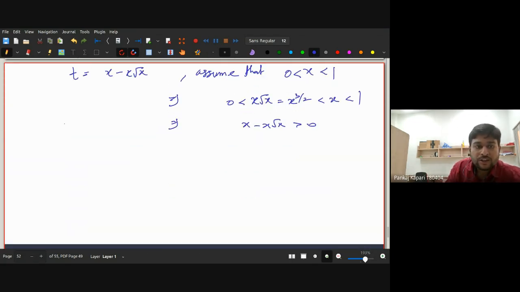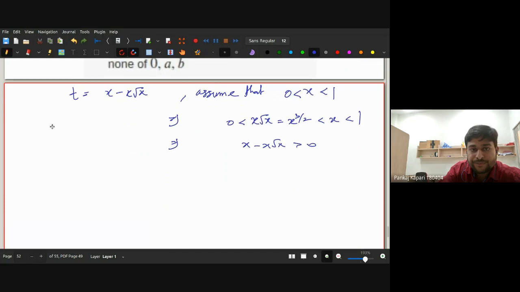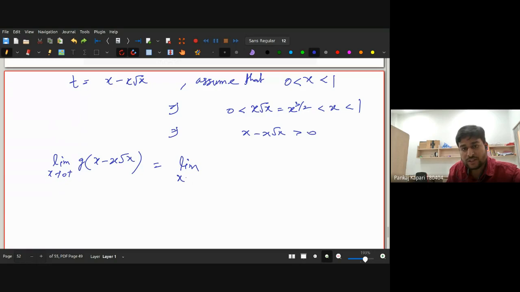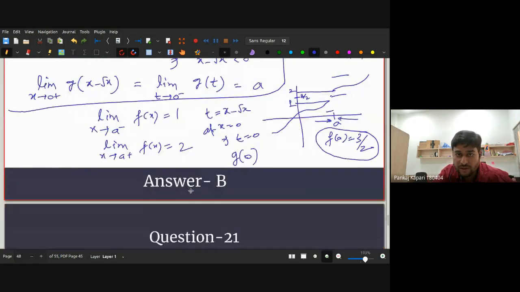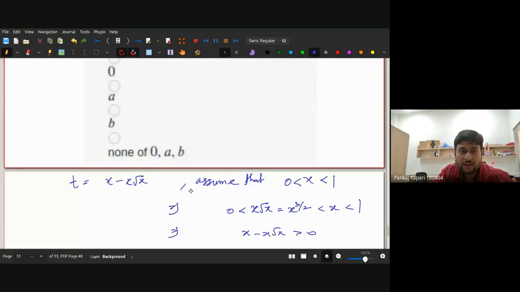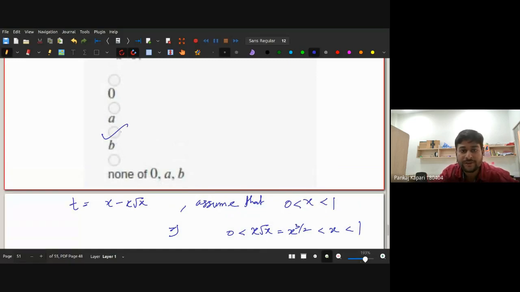Therefore the limit as x goes to 0 from the right hand side of g of x minus x root x is the same as the limit, now we are changing the variable, as t goes to 0 from the right of g of t, which is again b, right? Yes, we have assumed that it is b. Therefore, in this case also the third option is correct.